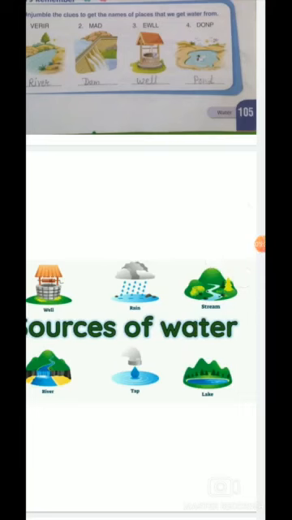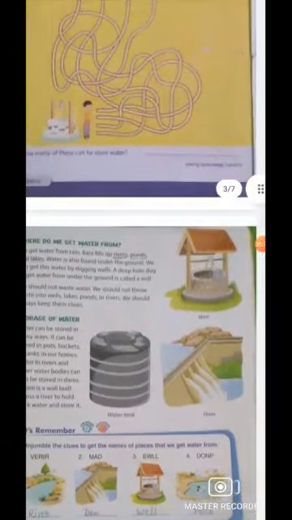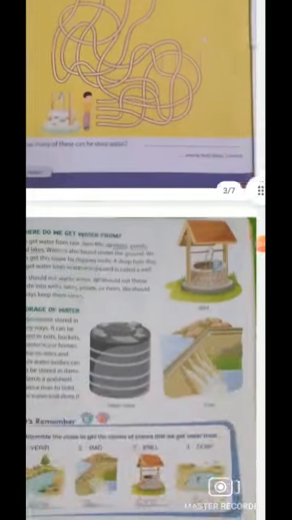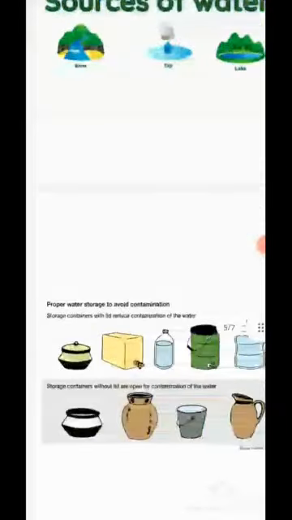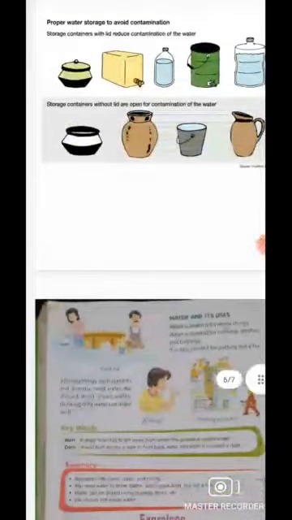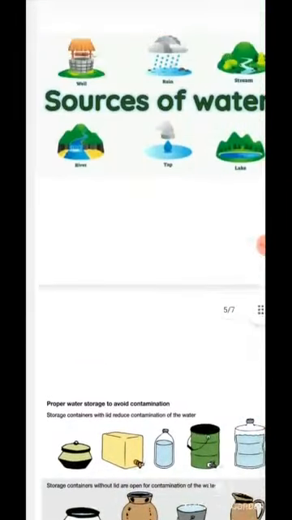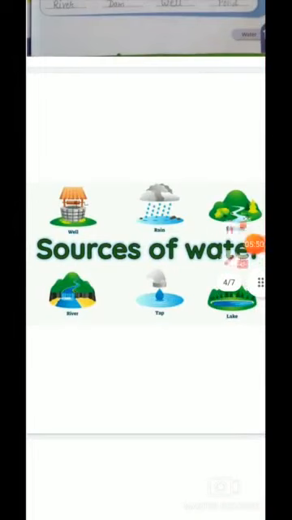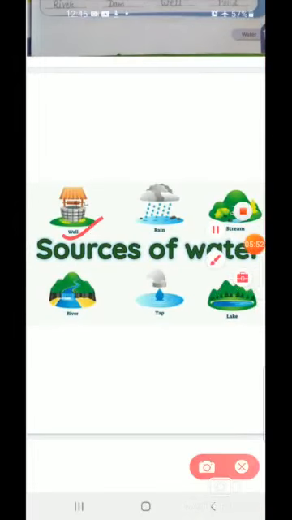So these are the three main points of this chapter that you have to learn: sources of water, storage of water and uses of water. Let's learn it again. Sources of water are well, rain, stream, river, tap, lake.